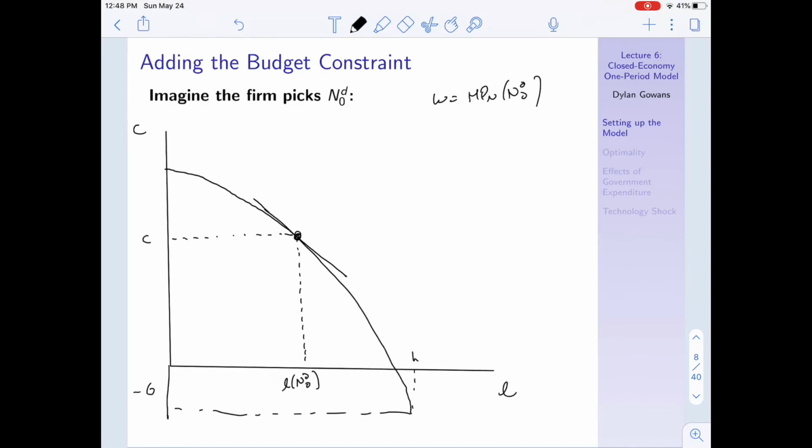But it could also pick any other point along this straight line, right? That's the nature of this wage, is that the consumer really could choose any point along this line if it so desired. And so notice that this is exactly the budget constraint we saw before.